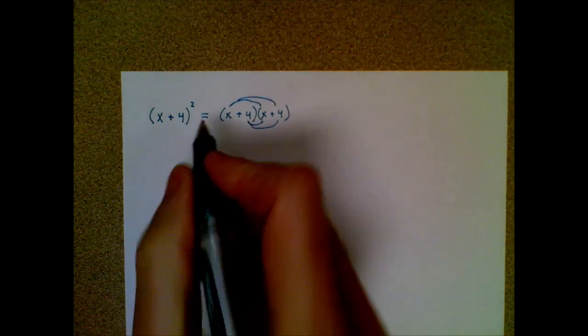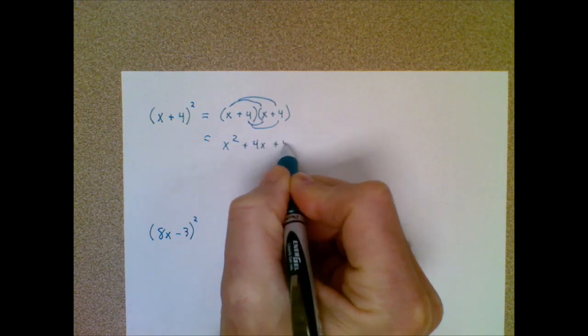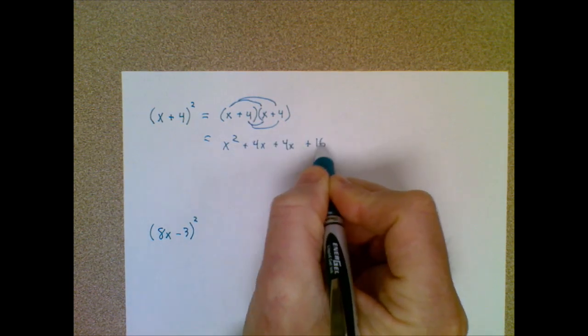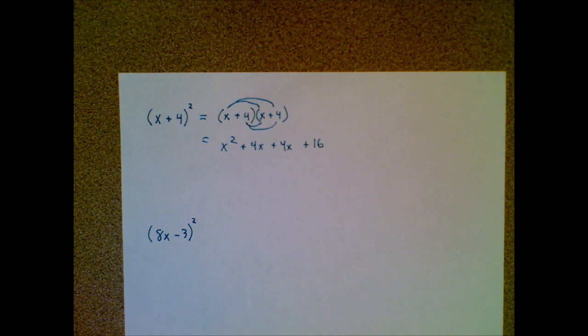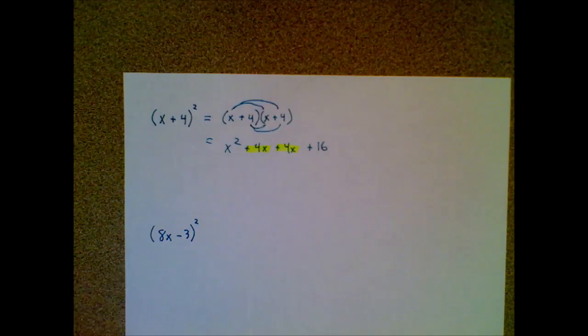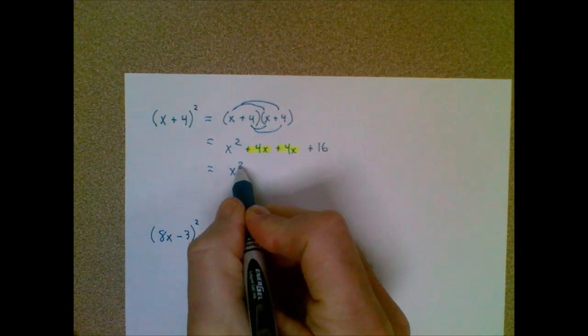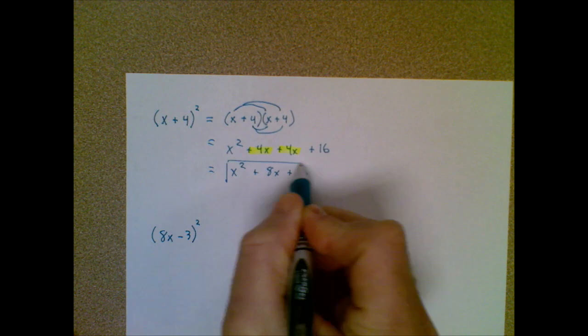I just follow those swooshes, and I would get x squared plus 4x plus 4x plus 16. Now, as opposed to the problems that we were just recently doing, in this case, the two terms in the middle are like terms, but they do not add to 0, so I get x squared plus 8x plus 16.